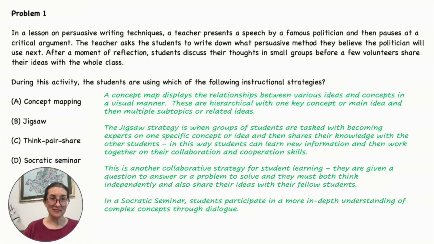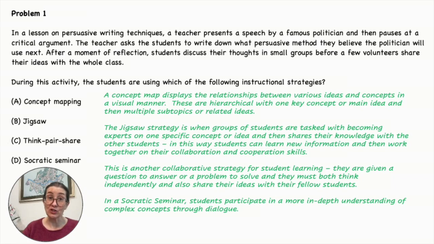Problem number 1. In a lesson on persuasive writing techniques, a teacher presents a speech by a famous politician and then pauses at a critical argument. The teacher asks the students to write down what persuasive method they believe the politician will use next.